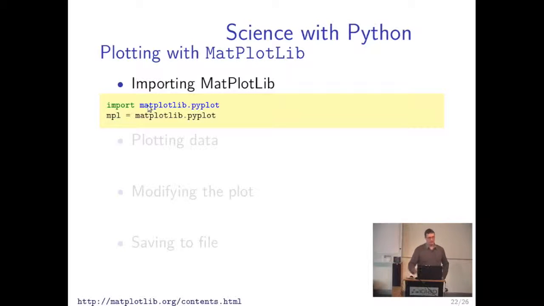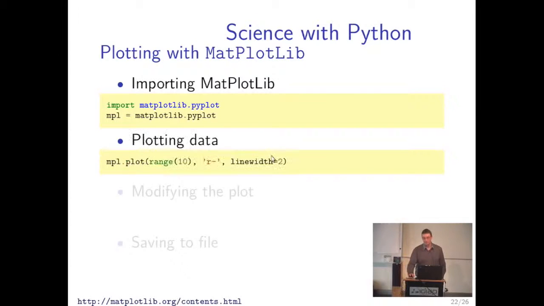And since it is very difficult to always use this long name, if you want to plot, for example, you don't want to write matplotlib.pyplot.plot. That's why we just define an abbreviation for that. You might remember that this is just an object like everything else, so it can be assigned to any variable. And I assign it to mpl, so then I now can say mpl.plot.